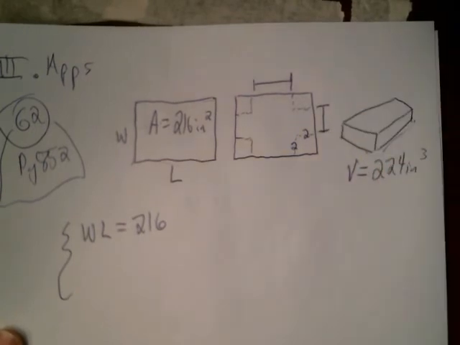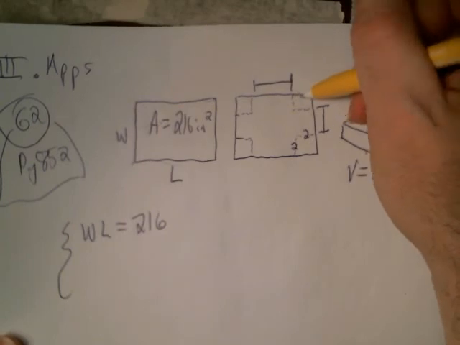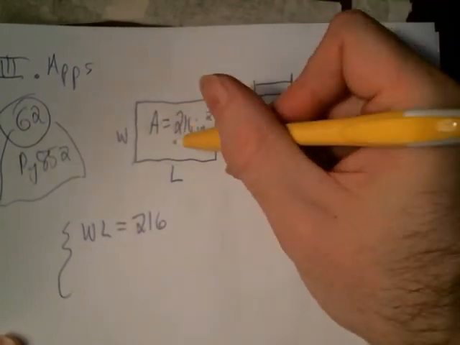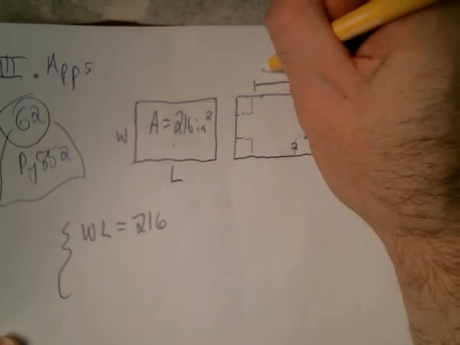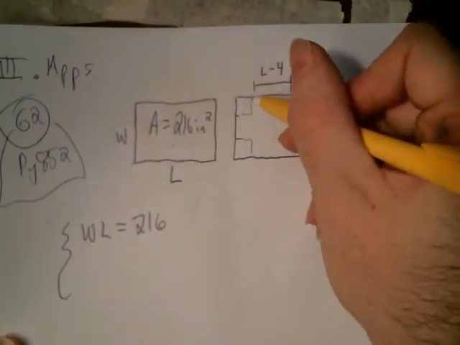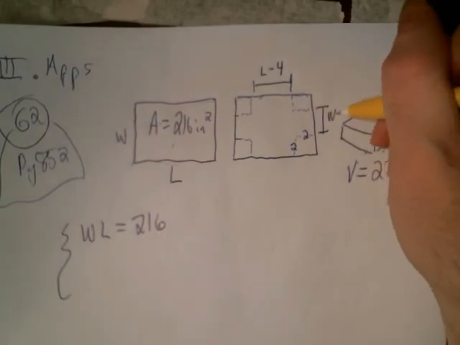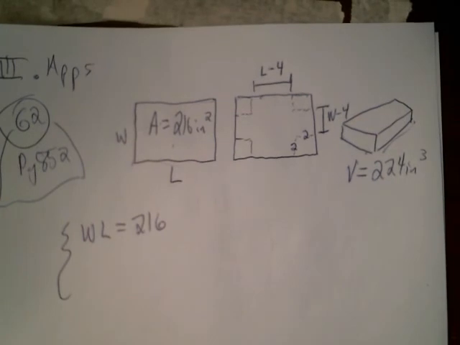Okay. So to find these sides, you're subtracting 1, 2, 3, 4 from these sides over here. So this side here should be L minus the 1, 2, 3, 4. And then this side over here should be W minus 4.